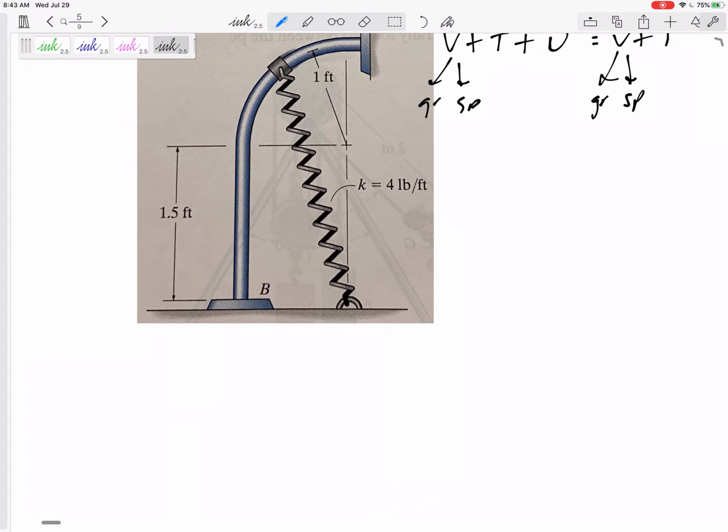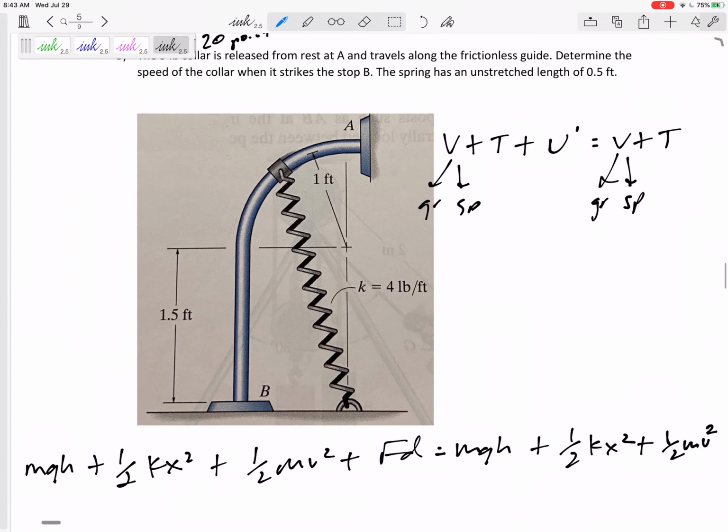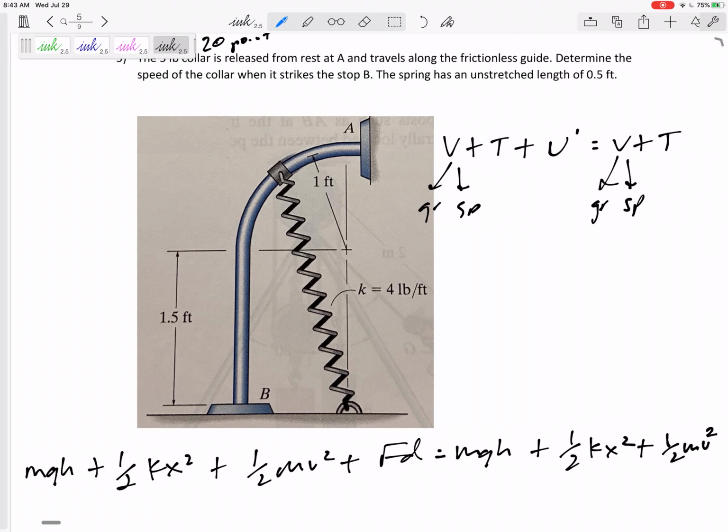And I like to go ahead and write the whole equation, even though this is probably not necessary, and I know a lot of things are 0 to begin with or 0 to end with. I like to write that whole conservation of energy equation to put something down on my paper.